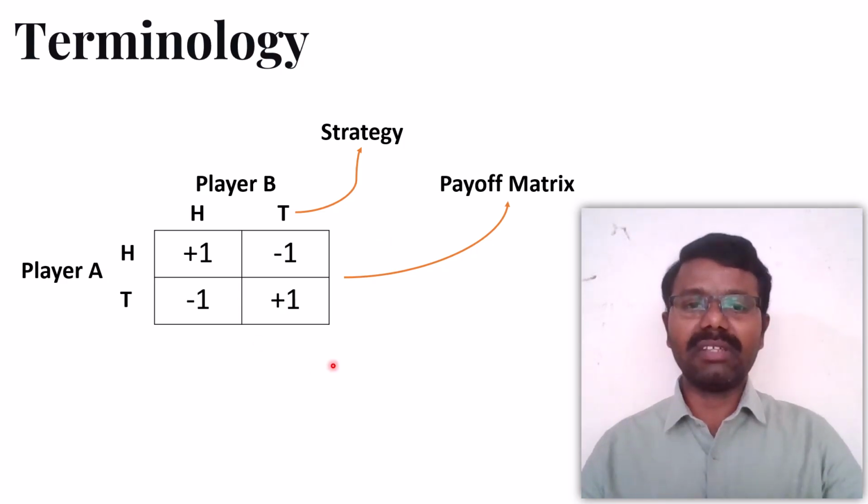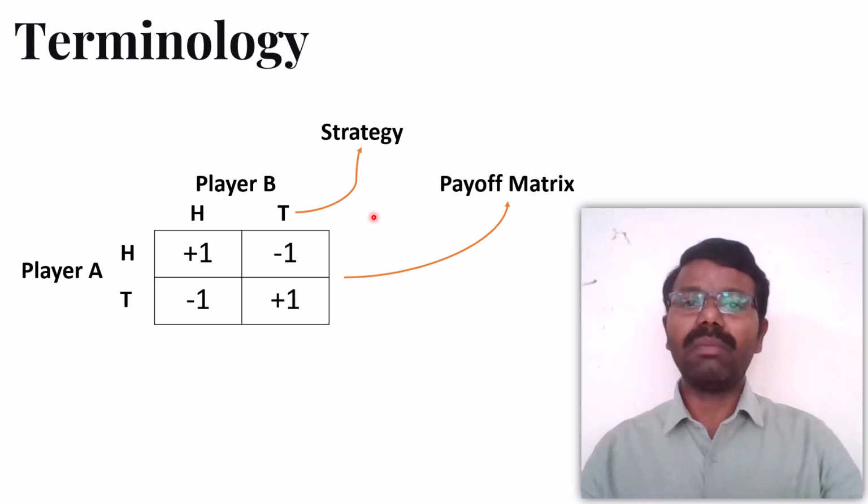The first one is the strategy: head or tail are the strategies which player A and player B both have the option to select. And this matrix is called a payoff matrix, which shows who is getting the money. Let us see one problem based on this.